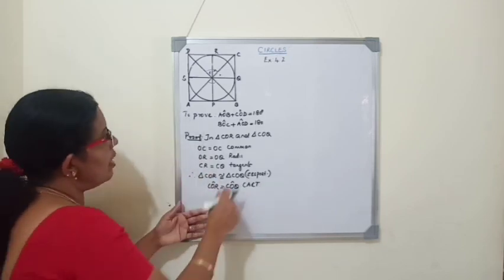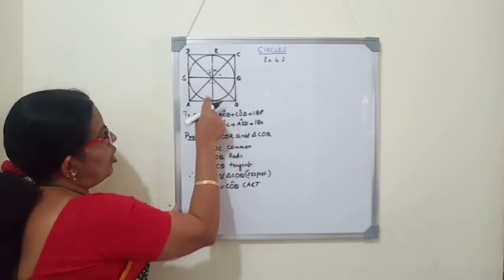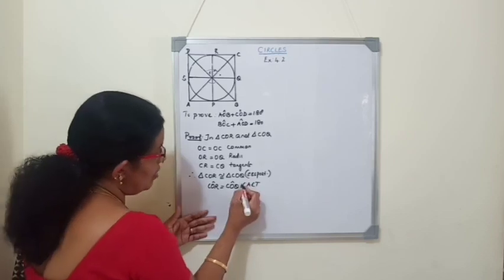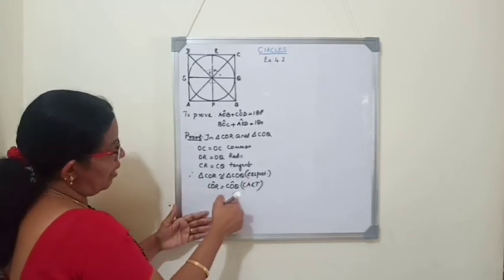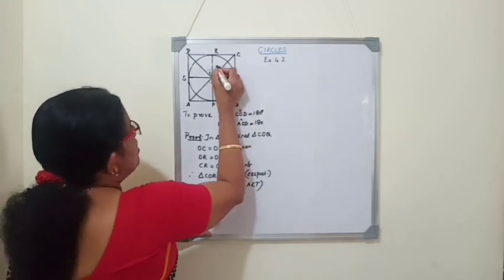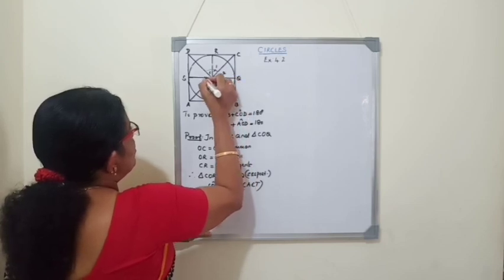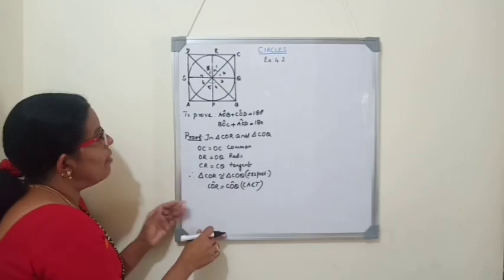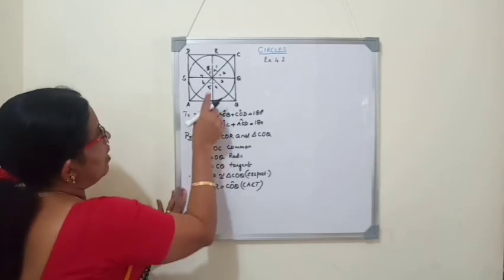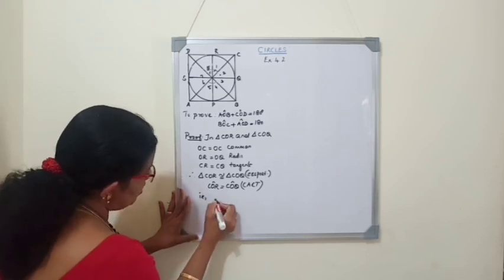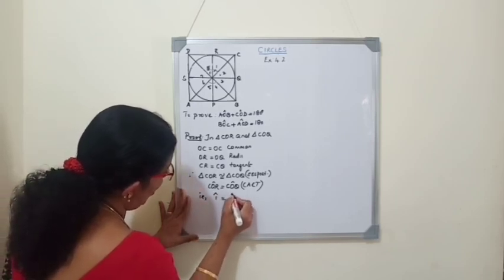Similarly, in all these quadrilaterals, we can consider two triangles and prove that the angles are equal. Instead of writing the names of the angles, let me write them as 1, 2, 3, 4, 5, 6, 7 and 8. So angle COR is equal to angle COQ, that is angle 1 is equal to angle 2.